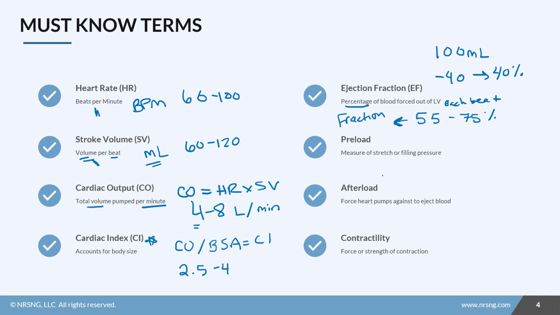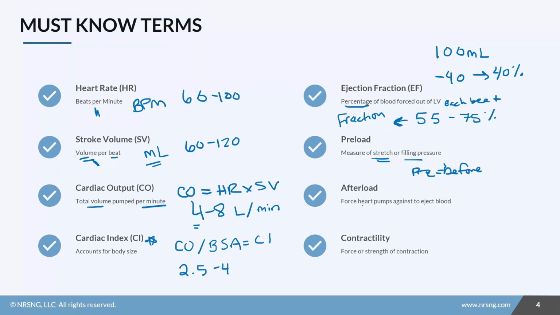Now, these last three, I'm just going to mention quickly, and then we're going to talk about them in detail in their own lesson, which is the next one. But the first one is preload. Preload is the measure of stretch or the filling pressure within the heart. So the more it's stretched or filled during diastole, the higher the preload, and vice versa. Think pre equals before. So it's the blood before the heart as it comes in and fills it up.